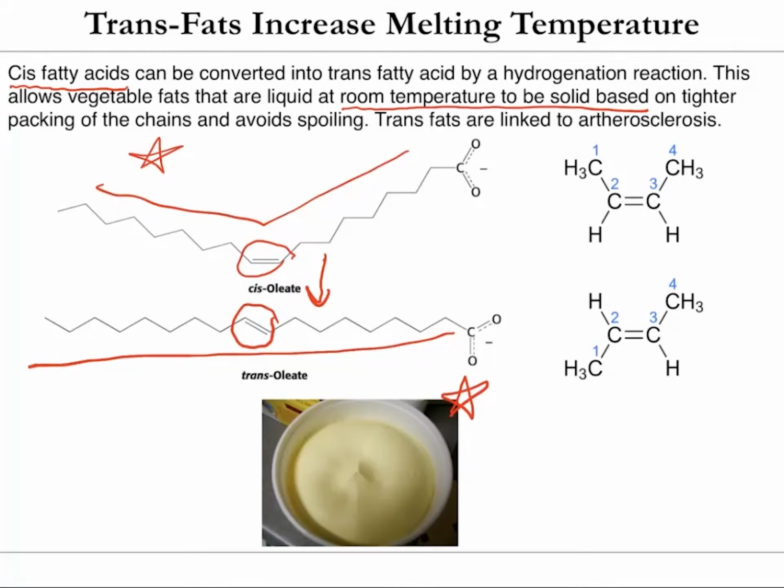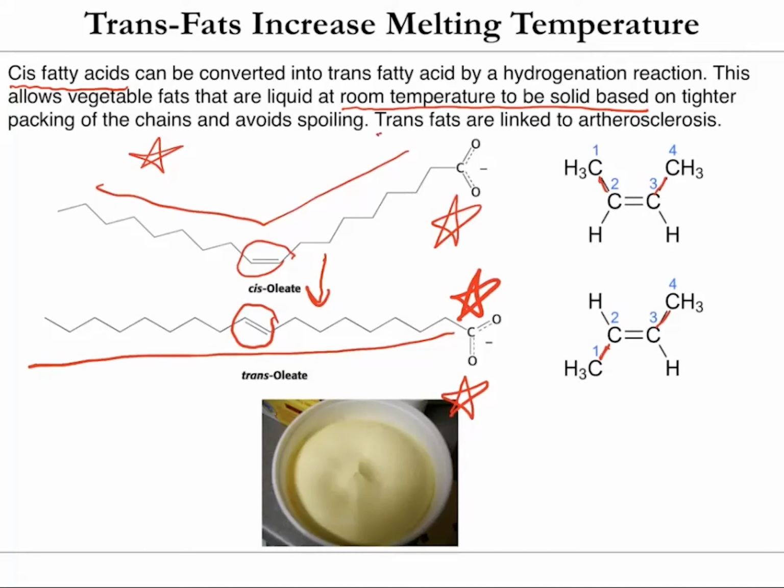So you're taking fats that would be liquid at room temperature, and now they're solid because you can fit them in more. This just has to do with the positions of the different groups on the carbons that share that double bond. Trans fats are really useful for making things like margarine that can be stored and transported much more easily than something like olive oil.